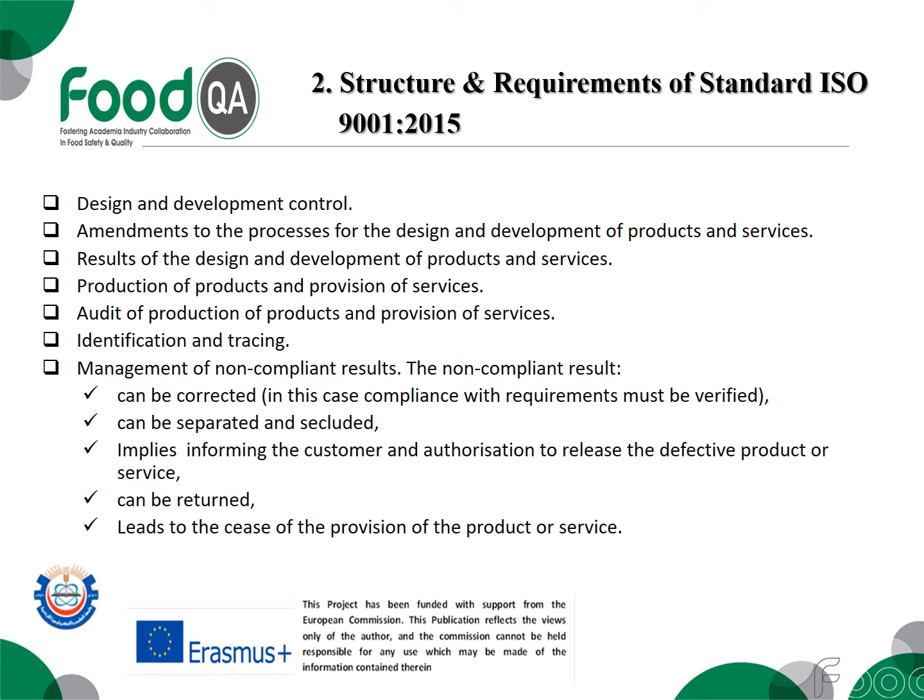The non-compliant results can be corrected, in which case compliance with the requirements must be verified. They can be separated and excluded, which implies informing the customer and authorization to release the defective product or service. They can be returned, and this leads to the cessation of the provision of the product or service.